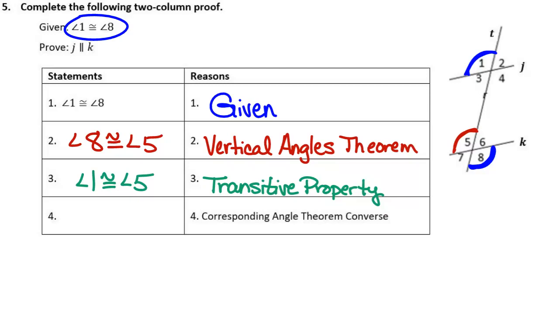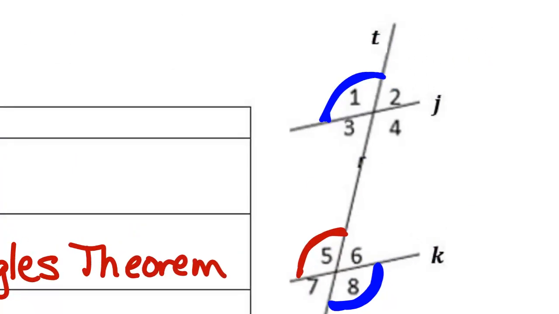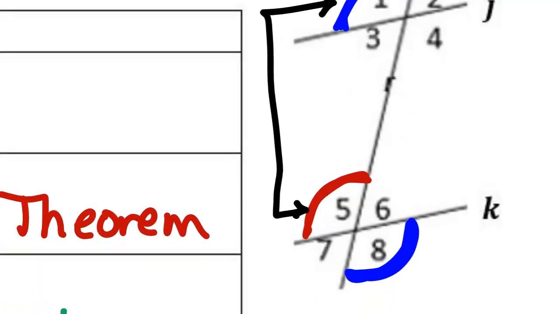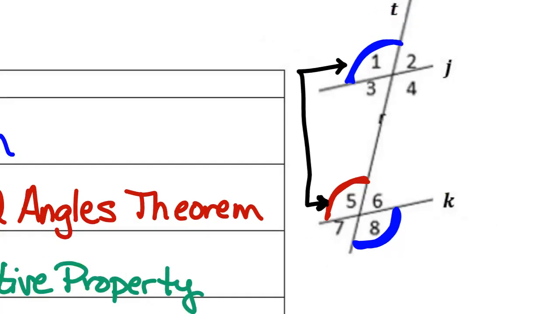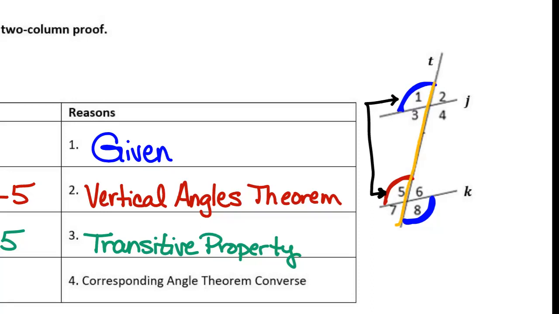All right. Let's go look at this picture. We said angles 1 and 5 are congruent. What name would we give this angle pair, angle 1 and angle 5? Let's see, the transversal that is connecting them would be line T. Are they on the same side or opposite sides of that transversal?